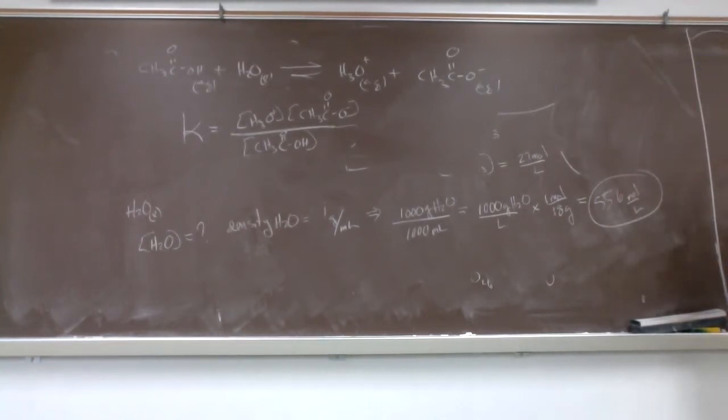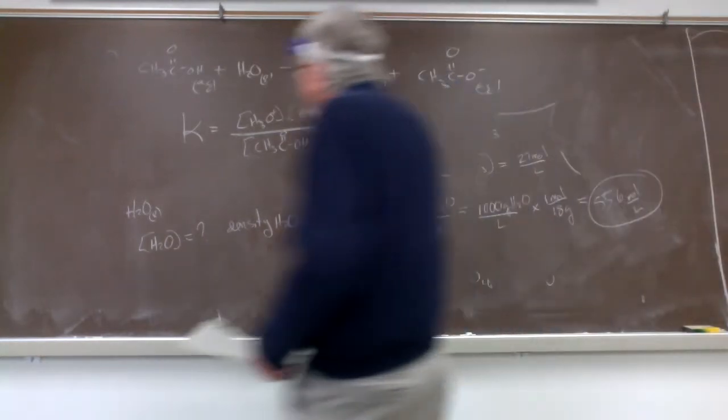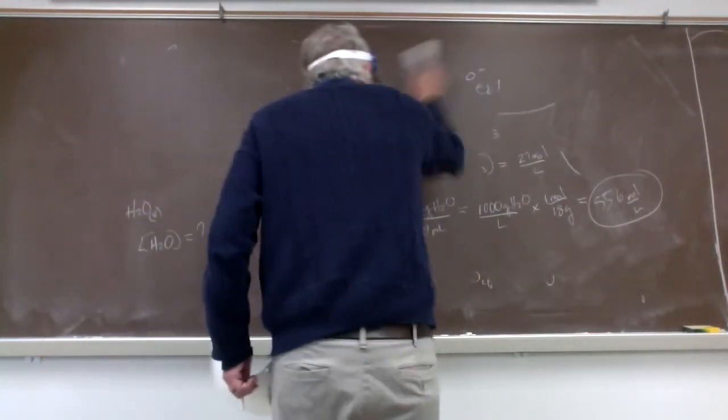If anybody ever asks you what the concentration of water is, 55.6 moles per liter. Kind of a weird question, but it could show up on a test. I like being able to convert that into a concentration using that kind of approach. Okay, so that's that.